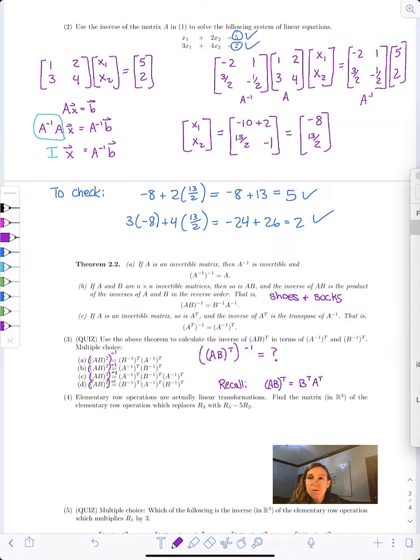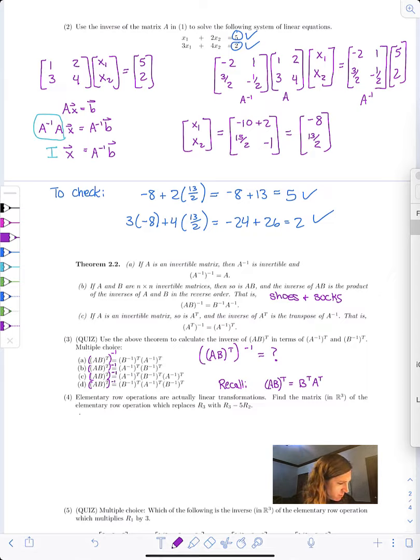Okay, so now hopefully you've done your reading of this section. Our elementary row operations, like our swaps, our multiplying by a constant across a row, and our replacement operations, these are all actually matrices.